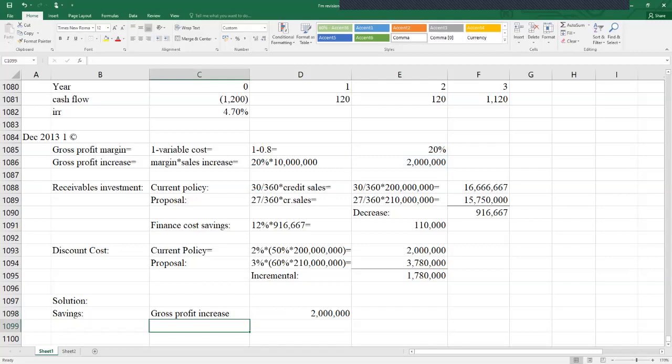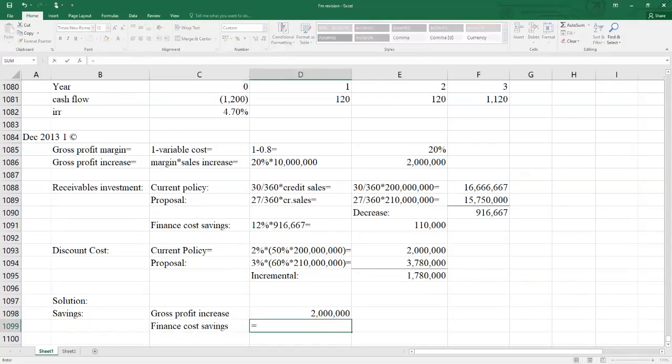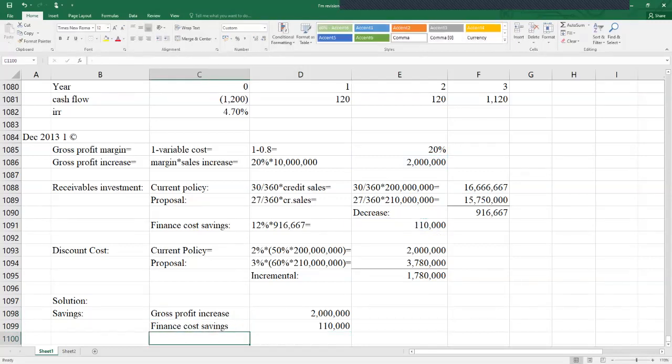Okay, we have finance cost saving, which we already did, which was 110,000. Then we don't have anything else. There's no other saving.